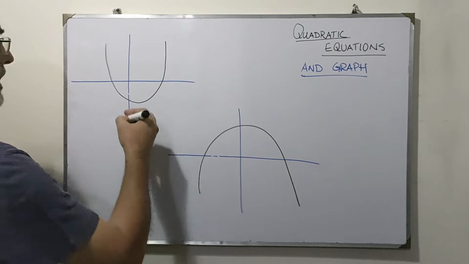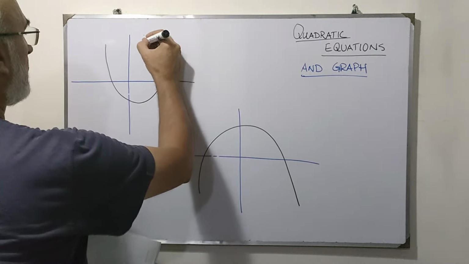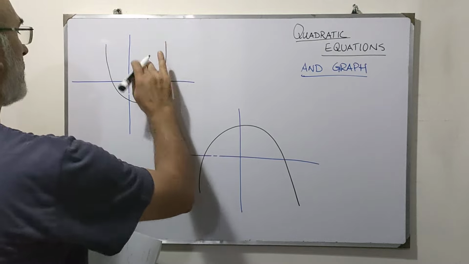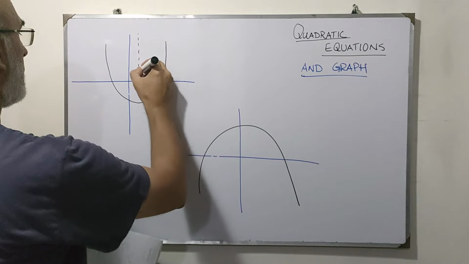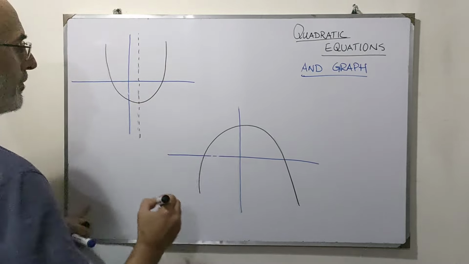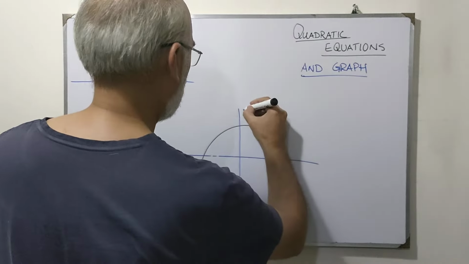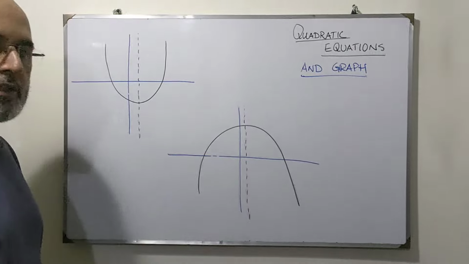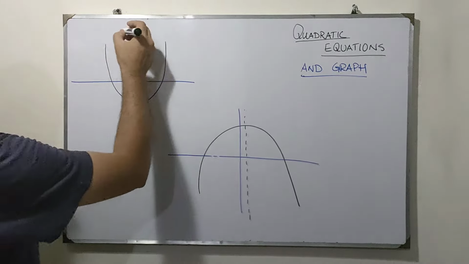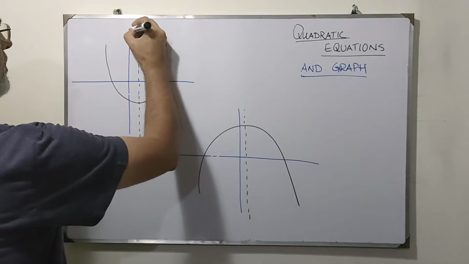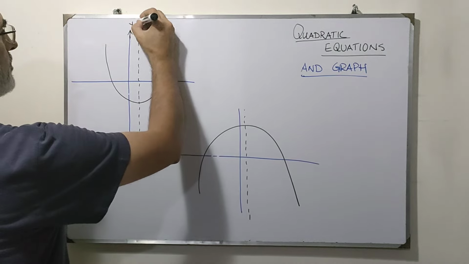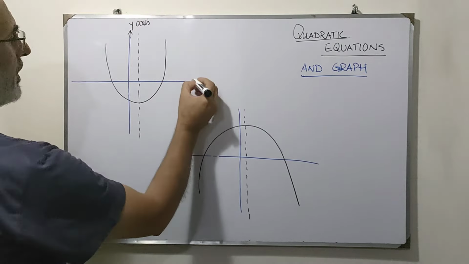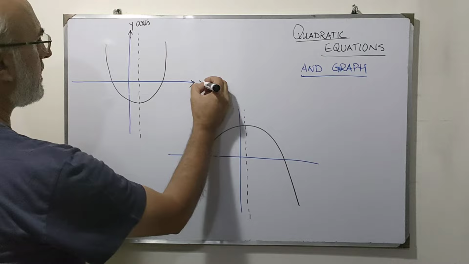So let's see, what do we have in this graph? So this thing is our y-axis, this is our x-axis.